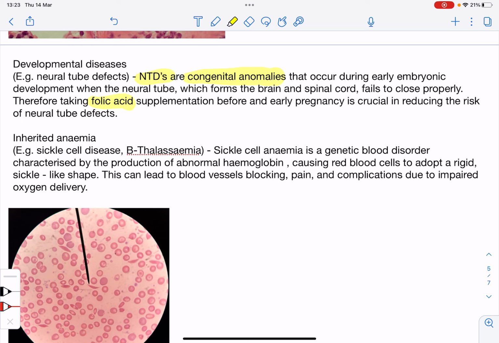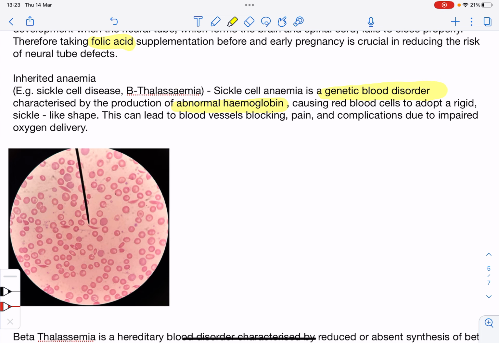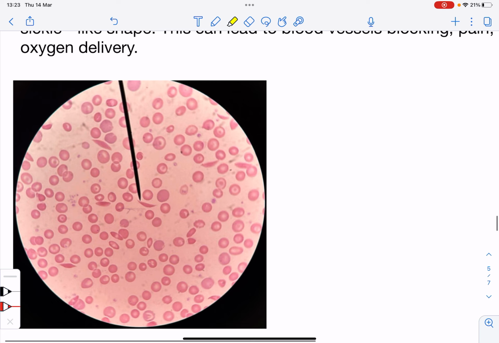So we know that is a genetic blood disorder. Automatically, it's intrinsic. And this leads to the abnormal shape of hemoglobin, and that causes blockage and pain. As we can see here under the microscope, sickle cells have a moon, crescent-like shape.